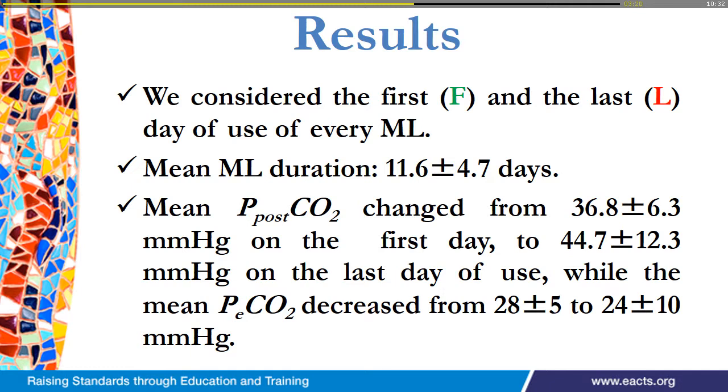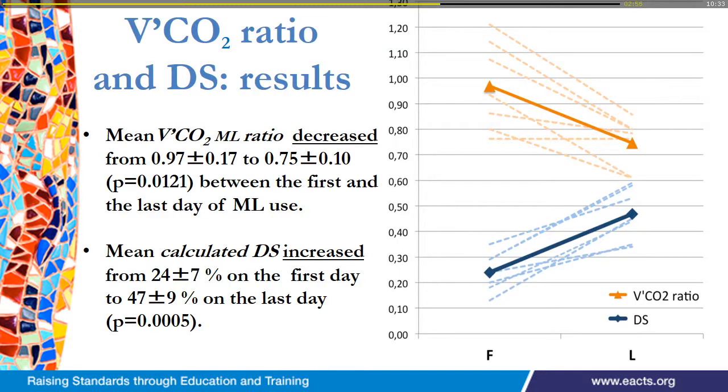The mean duration of a membrane lung was 11.7 days, and the mean post-oxygenator PCO2 changed from 36.8 mmHg on the first day to 44.7 on the last day of use, while mean P-expired carbon dioxide decreased from 28 to 24 mmHg.